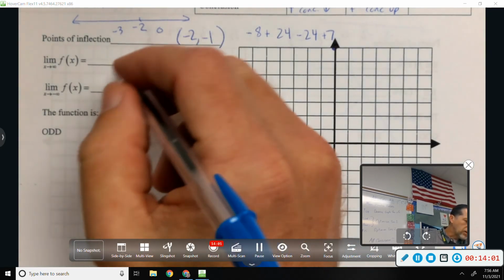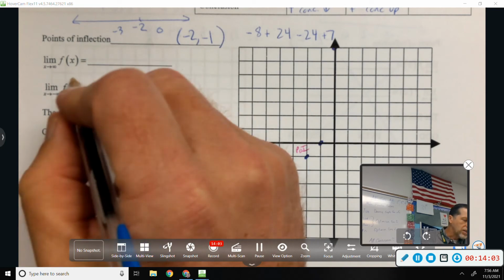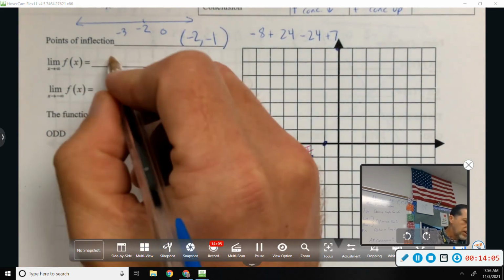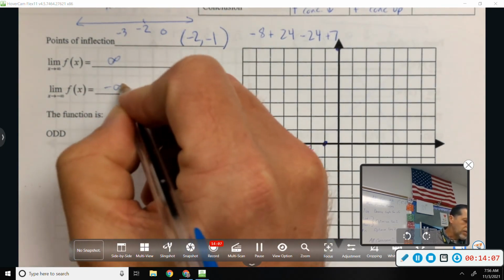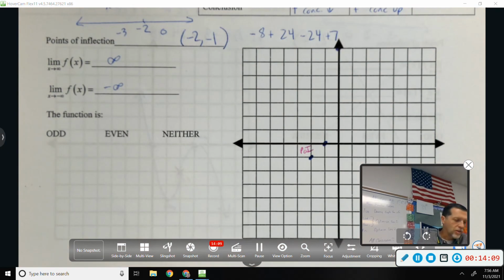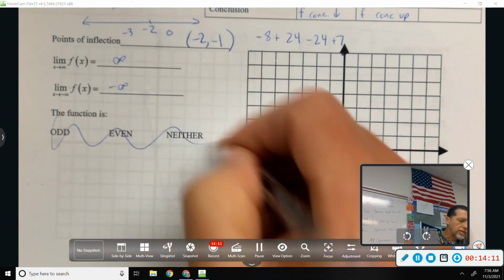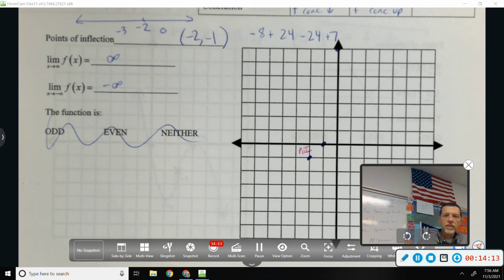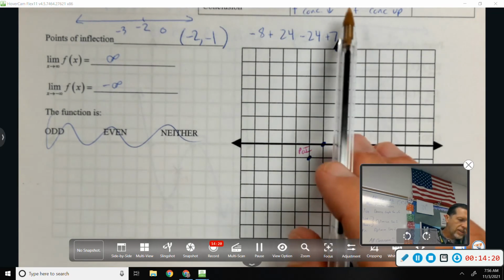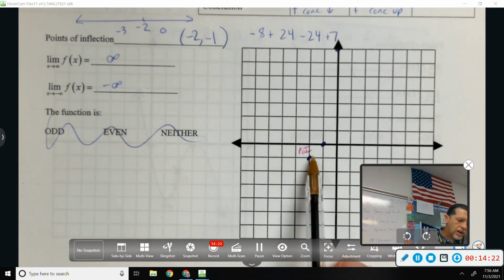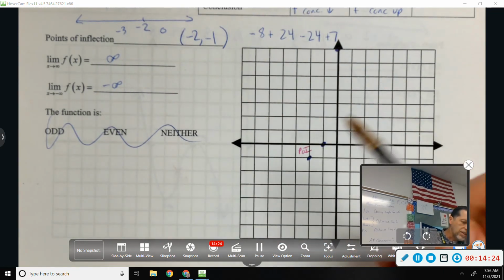We said we weren't concerned really about the limits for these because for polynomials, one's going to infinity, one's going to -infinity. We're not really worried about limits though. So I need to increase the whole way. I need to be concave down up to this point and then concave up after that.